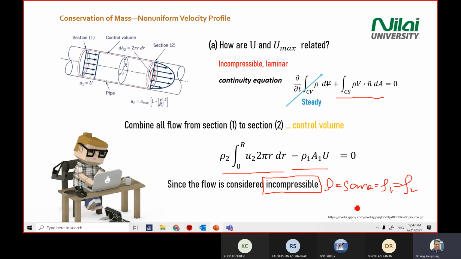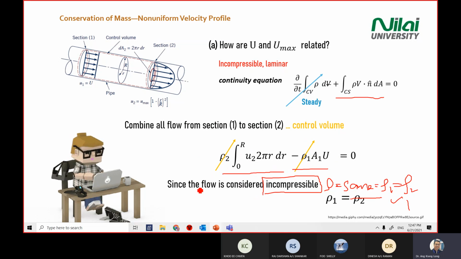So here, when you write this statement, you get marks. You can cancel the rho inside the equation. Rho 2, rho 1, you draw an arrow, cancel. But before you cancel like this, make sure you explain why you can cancel like that.